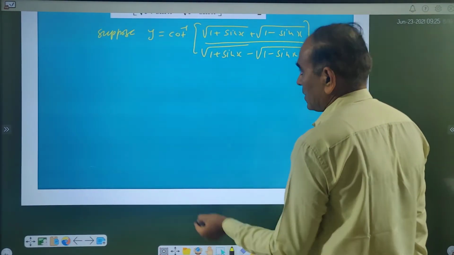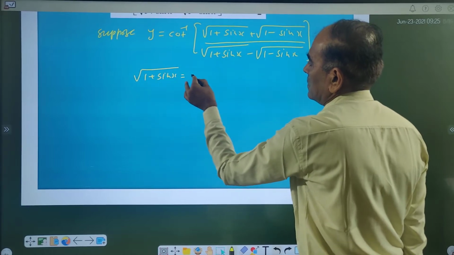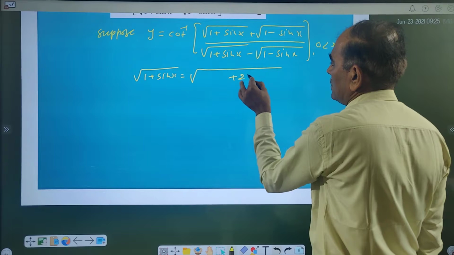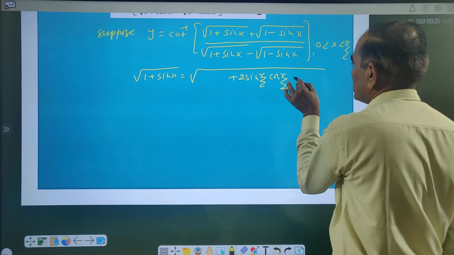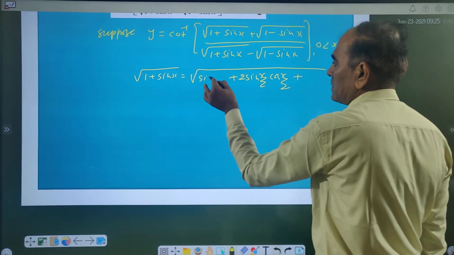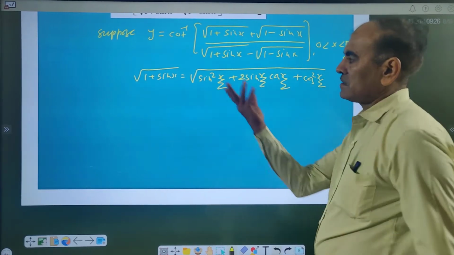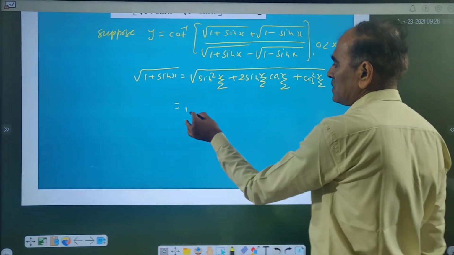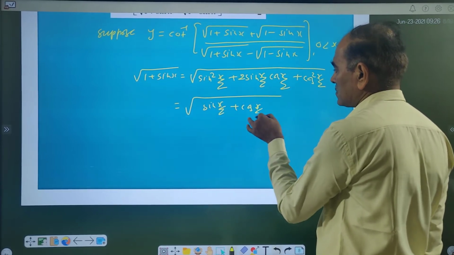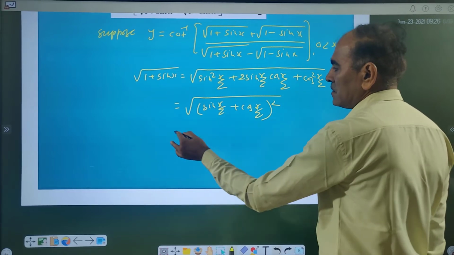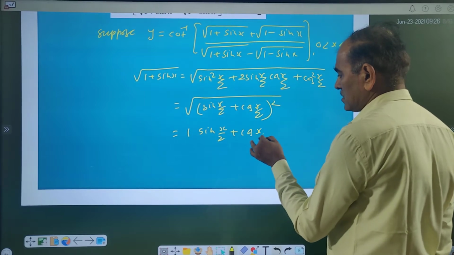How? First of all, simplify under root 1 plus sin x. Can I write here sin x is equal to 2 sin x by 2 cos x by 2? Yes. Can we write 1 as sin square x by 2 plus cos square x by 2? Yeah, we can write it. It's nothing but under root of sin x by 2 plus cos x by 2 whole square, which is the magnitude of sin x by 2 plus cos x by 2.